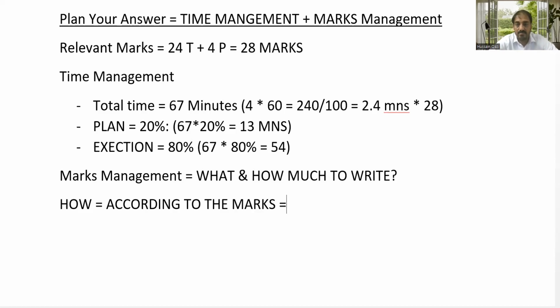For example, here it is 24 marks. You need to split it across the two products, Dengue and Yaj, and write accordingly. According to the marks, but ensure whatever you write is complete.